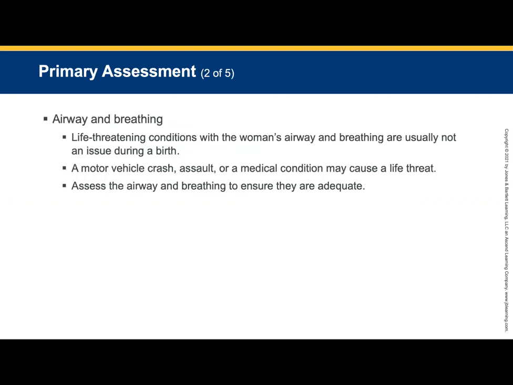The way that I like to do this is, if the patient is able to, I ask, hey, how are you doing? Can you tell me what's going on? And if they're screaming at you, I'm delivering a baby, pretty sure their ABCs are patent and they're going to be able to handle things. Monitor it. I like to have my patients speak to me at all times.